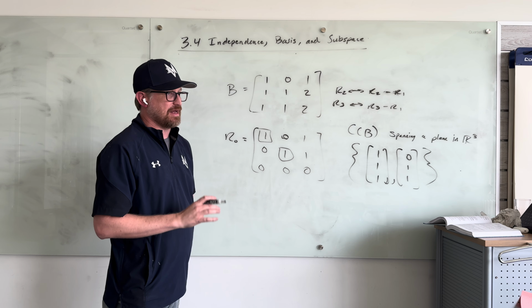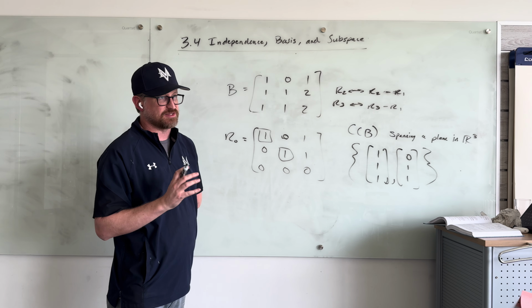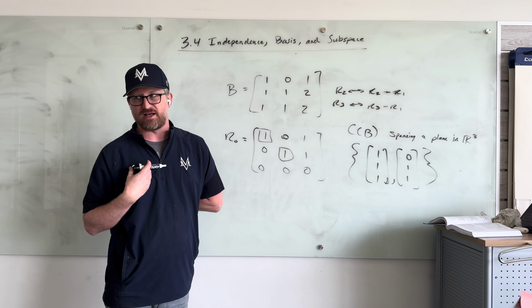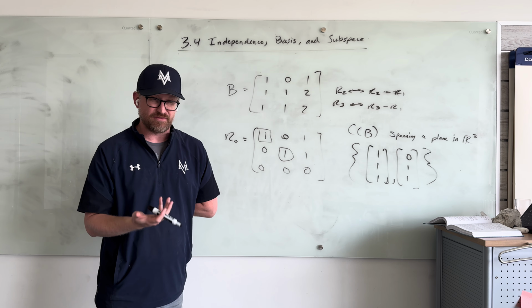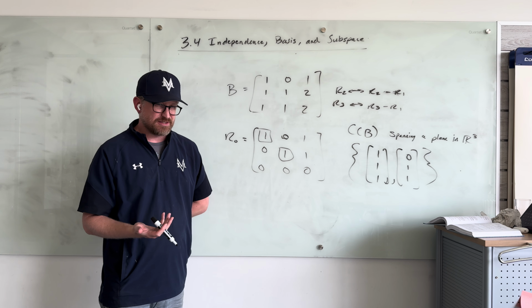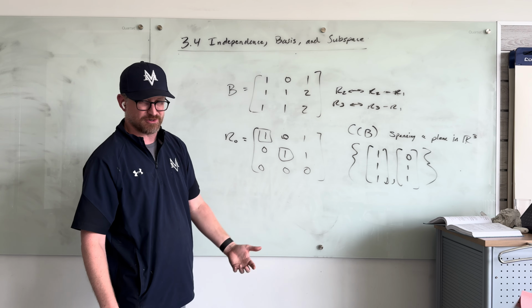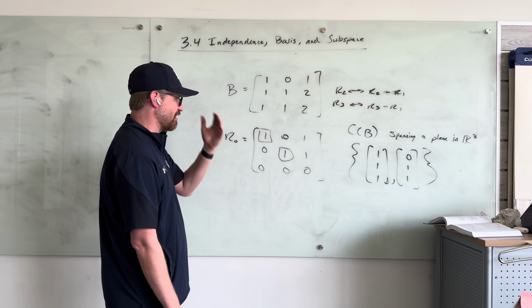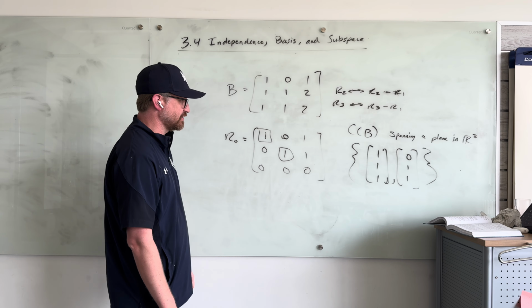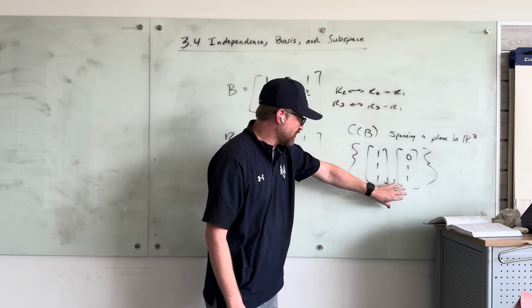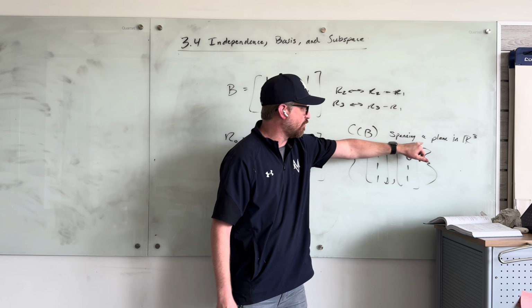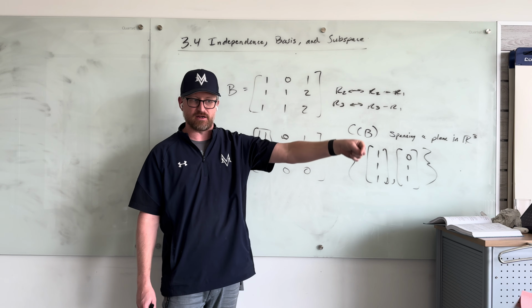And again, I think it can be semi-misleading to say basic because it almost implies it's the simplest vectors, which may not be the case. I mean, I think you could argue these are all ones, which is pretty straightforward, but it's just how I like to visualize and think about that word basis. I can take just these two and I can go anywhere I want to in that column space and get there.